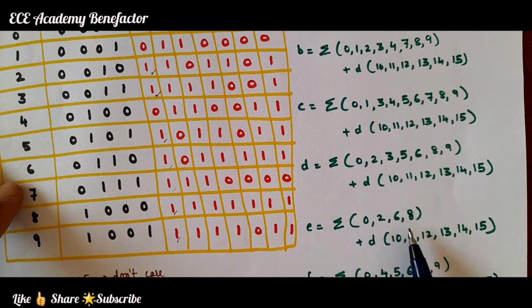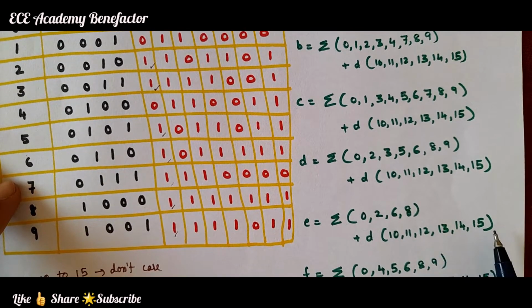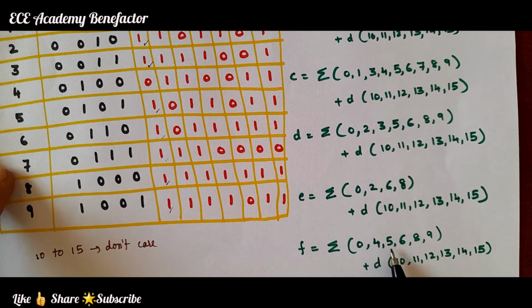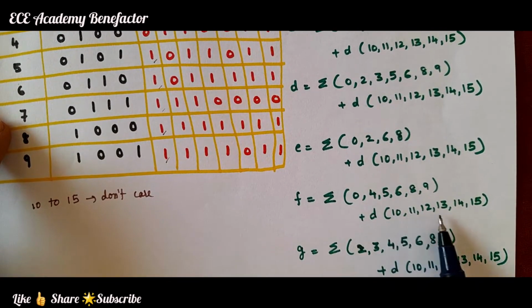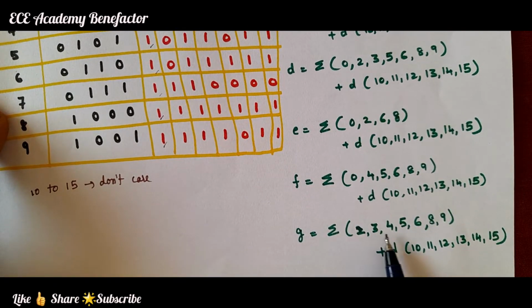E is high at 0, 2, 6, 8 plus don't care terms 10, 11, 12, 13, 14, 15, and F is high at 0, 4, 5, 6, 7, 8, 9 plus don't care terms from 10 to 15, and G is high at 2, 3, 4, 5, 6, 8, 9 and don't care terms are 10 to 15.